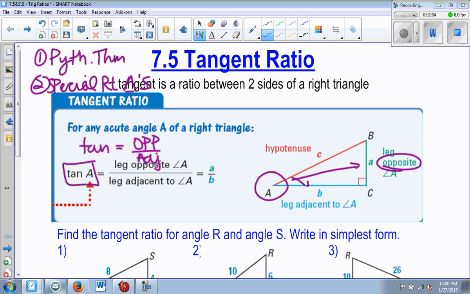The side directly next to the angle is called the adjacent side. And the hypotenuse is always called the hypotenuse. So if I wanted to figure out what tangent of A is, all I'm going to do is write a fraction. That fraction is going to be the opposite side, in this case, is labeled with a little a, over the adjacent side, which in this case is labeled with a little b.